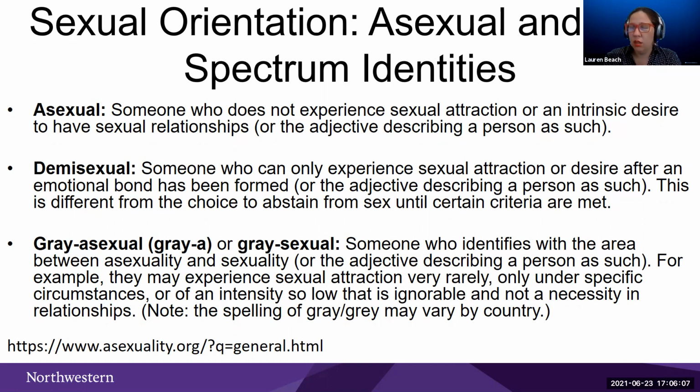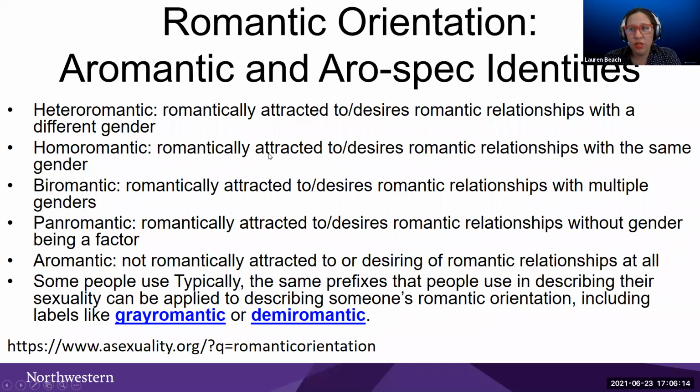All right, next up we have romantic orientation. So just like there are sexual orientations that hinge on people, asexuality is about not experiencing sexual attraction. In that definition, you can be aromantic, so you aren't romantically attracted to other people. And then you can also be heteroromantic, homoromantic, biromantic, panromantic.